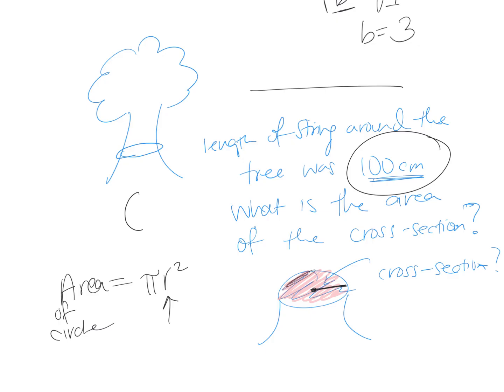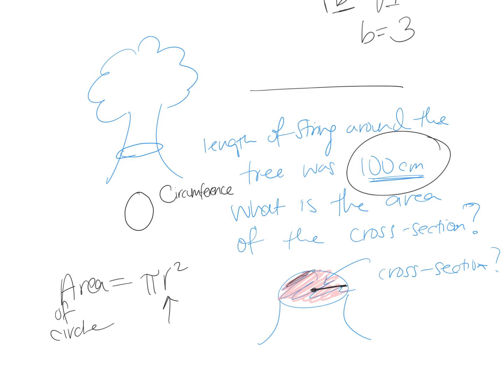The length around a circle has a special name. For other objects, we call it perimeter, but for circles, it has a special name that starts with C. Circumference. Yep.